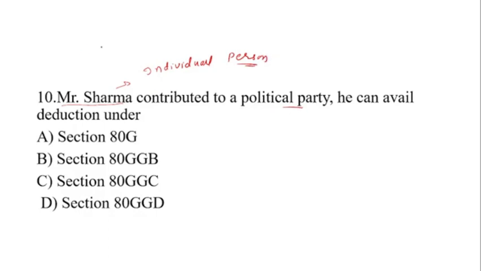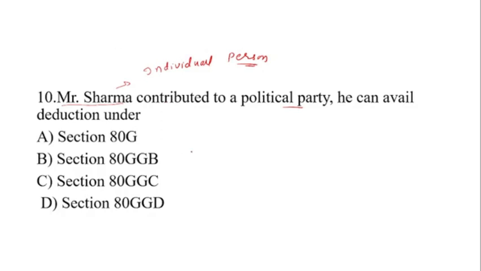So under which section will he get a deduction? Option A, section 80G, section 80GGB, section 80GGC, and section 80GGD. What will be the answer? Let's pause the video, try it yourself, and then unpause the video to get the correct answer.